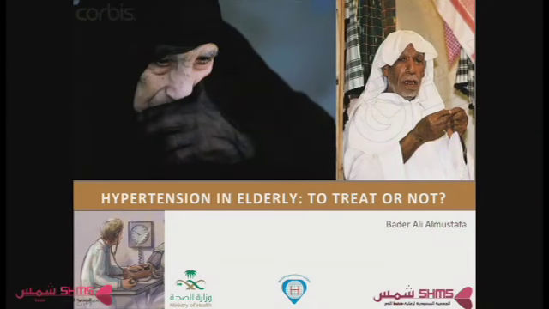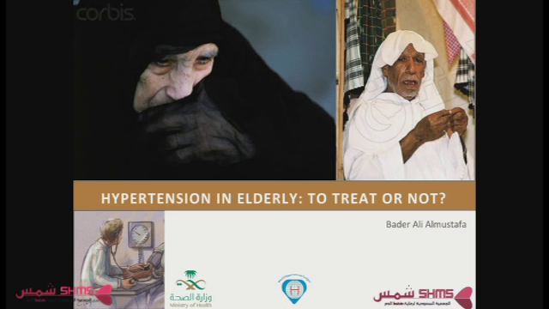I may be talking about a child who is hypertensive. I may be talking about a mother who has high blood pressure. But now I'm talking about a father, a grandfather, which is almost a must. One of them has high blood pressure. So these are not just our patients.